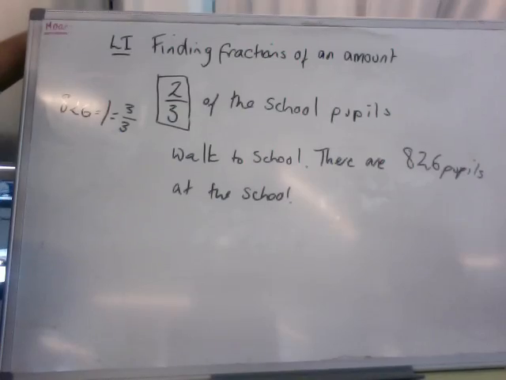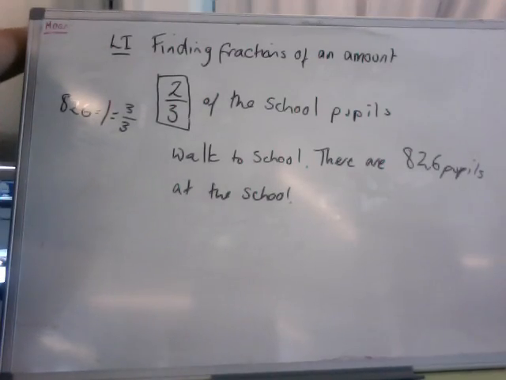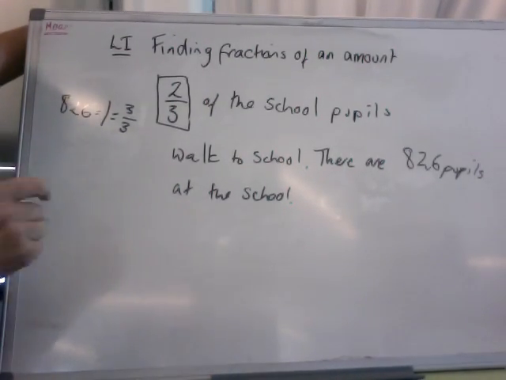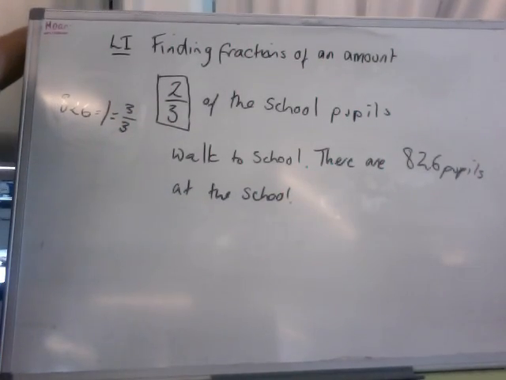Okay? So now we've actually had a little look at this once before. Who can remember how we write it down? So we want to write our number equation. What are we trying to find out?